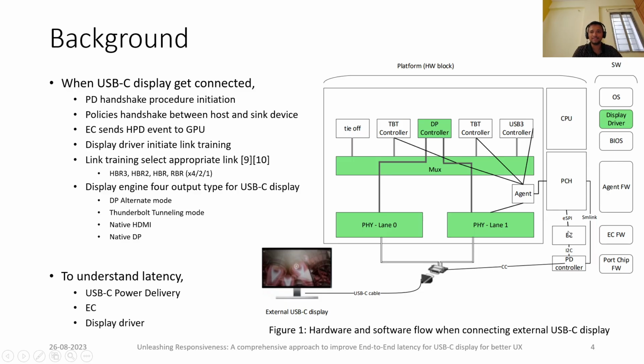Then EC sends a signal to the GPU, which invokes the display driver and initiates the link training procedure. Based on the display capability, link training latches to HBR3, HBR2 and so on, with different lanes: 4, 2 or 1. In order to understand the latency at each stage, we have to understand USB-C power delivery, the EC flow and the display driver flow.